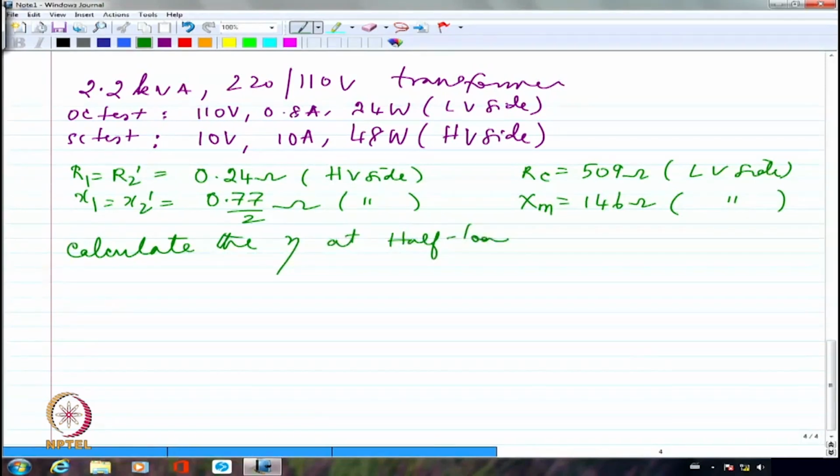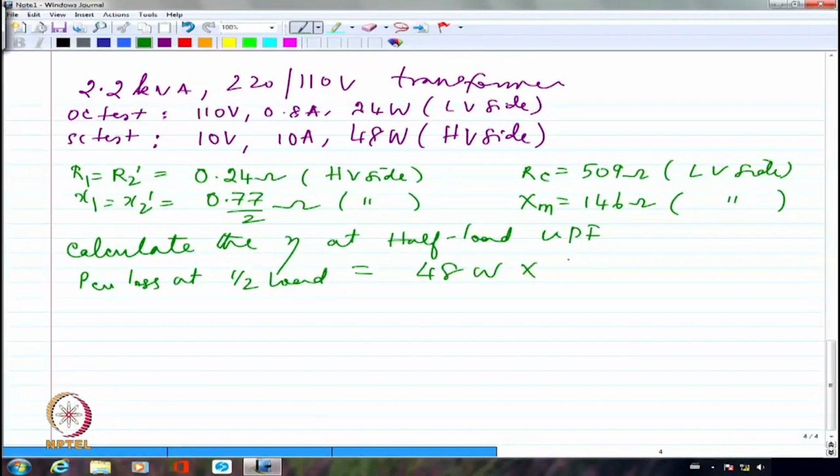So that you should be able to calculate as, if I am saying that the copper loss at half load will be 48 watts multiplied by half square, right? Because it is half the load, x square multiplied by full load copper loss. So that will be essentially 12 watts.